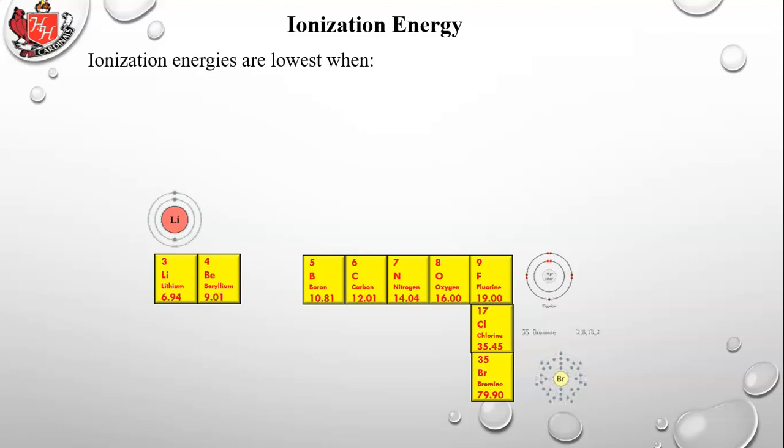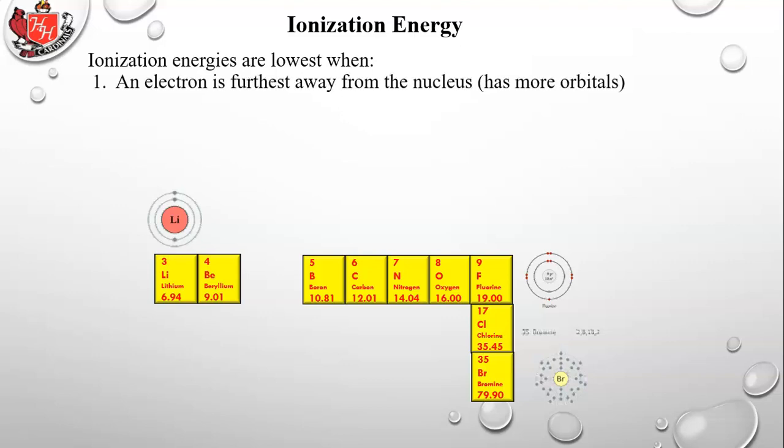So ionization energies are lowest when an electron is furthest away from the nucleus, has more orbitals. So let's look over on the right-hand side. You see just a section of the periodic table there. You see the second row, and you see the second to last column. That would be the halogens, fluorine, chlorine, bromine.